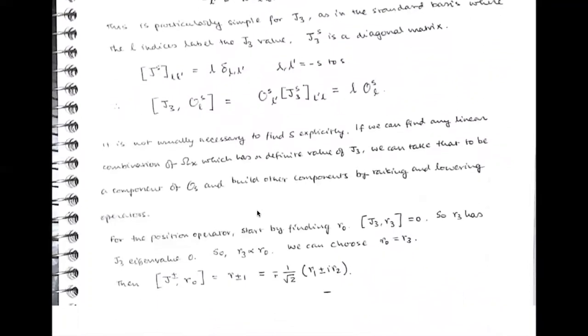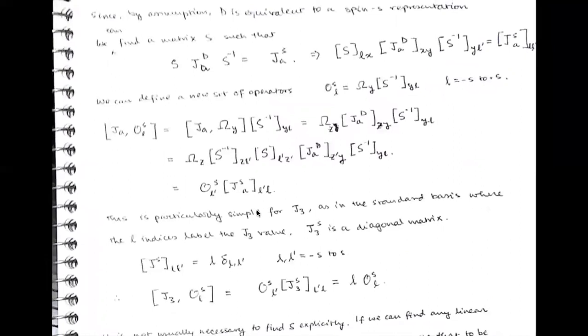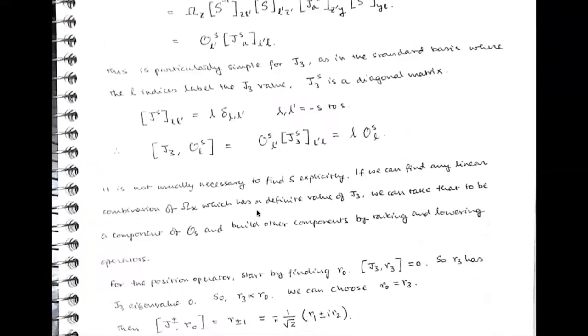Okay, so a few more things that I write out here is that it's not necessary to find this matrix S explicitly. If we find any linear combination of, say, omega x, which has a definite value of J3, we can take that to be a component of O_s, and we can build the other ones by raising and lowering operators.